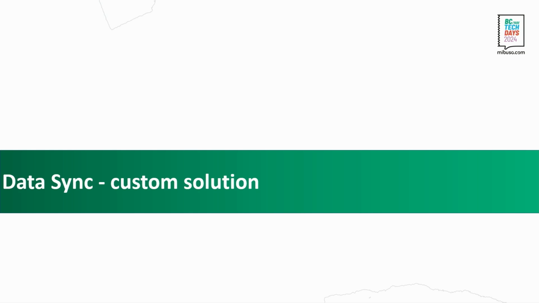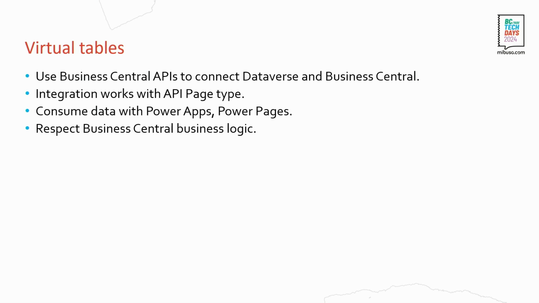Okay, so we have data sync enabled. Data sync works bidirectionally, so we can also show you that it will work from Dataverse to BC. The next way we can integrate Business Central with Dataverse is using virtual tables. Virtual tables work based on API tables or API pages and API calls.